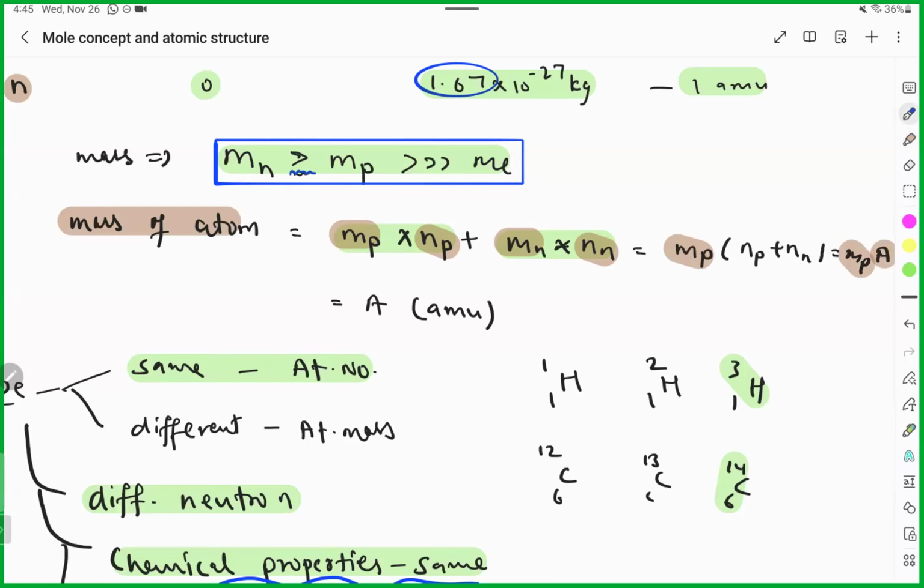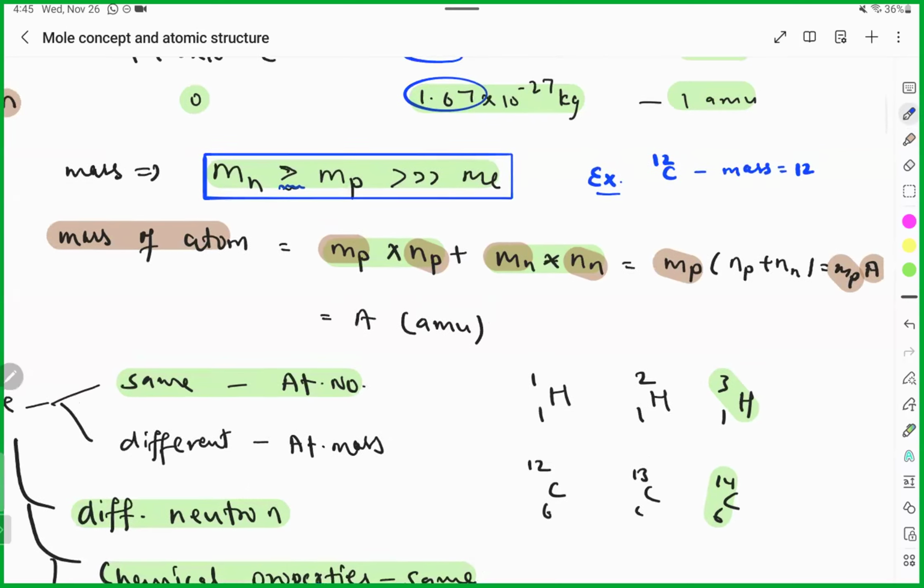Example: if you take carbon 12, what will be the mass of the atom? What is the number of protons and neutrons? Total 12. What is the mass of proton? 1.67 into 10 raised to power minus 27 kg. Then you will get the 1 AMU. Understood?